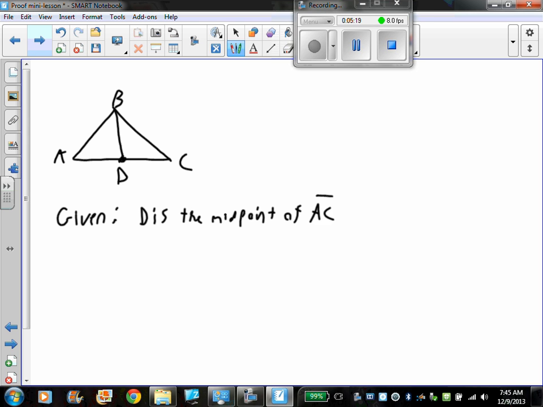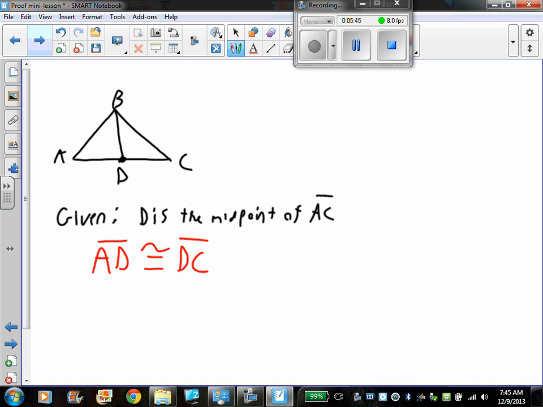Well, one thing to keep in mind is that sometimes you won't just directly be able to use the given information. You're going to have to take it and turn it into some other piece of information that's useful. For example, if we're told in this one that D is the midpoint of AC, what that will then tell us, which we might actually be able to use later on, is that AD is congruent to DC.